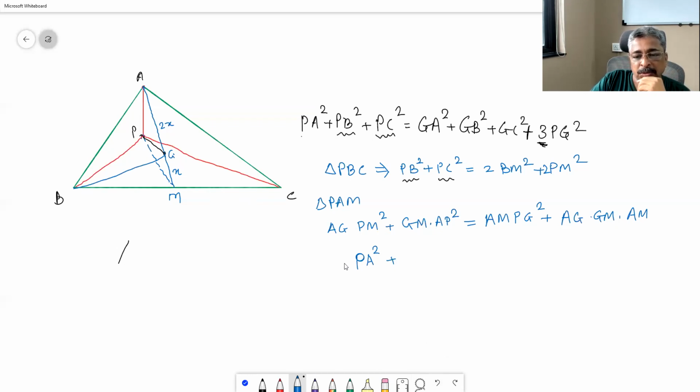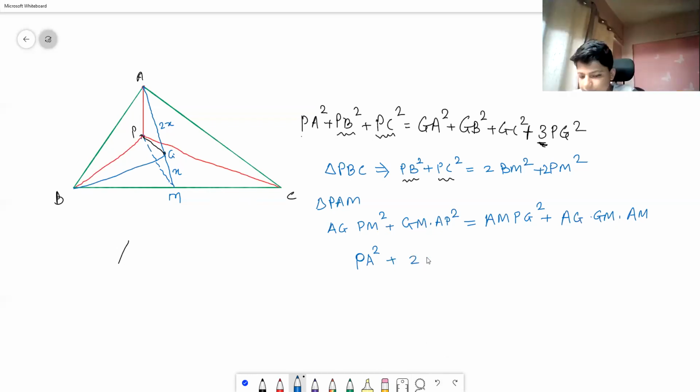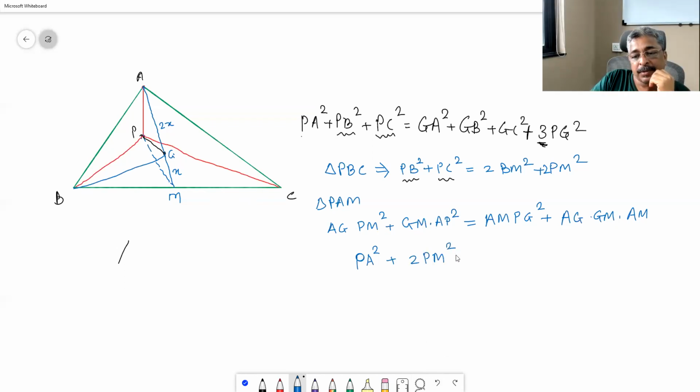So AG upon GM is 2, times PM square, which is equal to AM, 3x, upon GM, that is x, therefore 3. I am avoiding one step, but afterwards don't ask me to write the step in between.